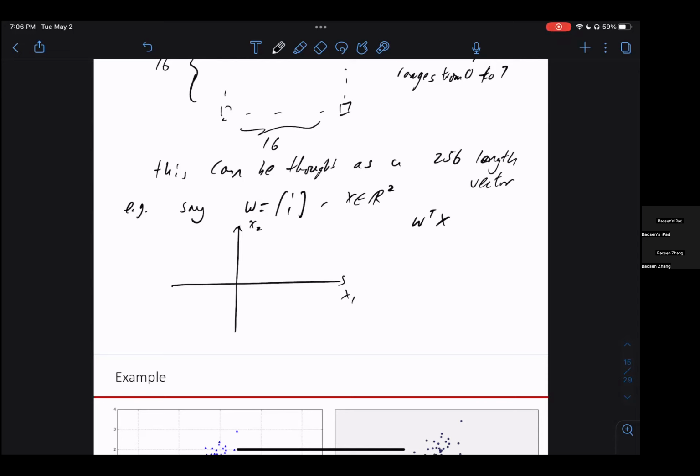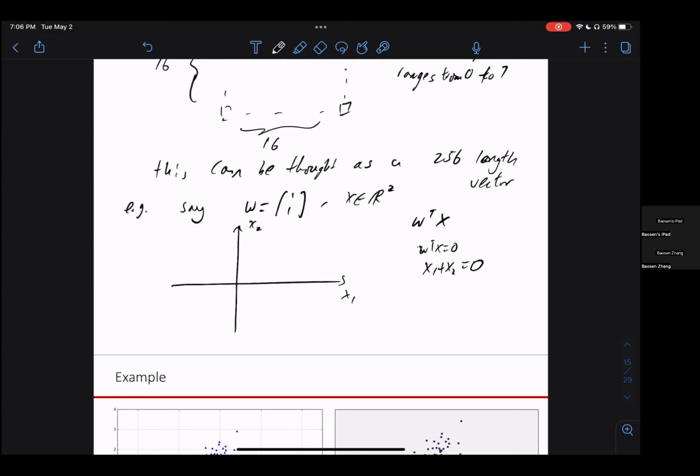What is x1 plus x2 equal to 0? Let's say this case, this is x1 plus x2 equal to 0. So that's your inner product being 0. Geometrically, what is this?